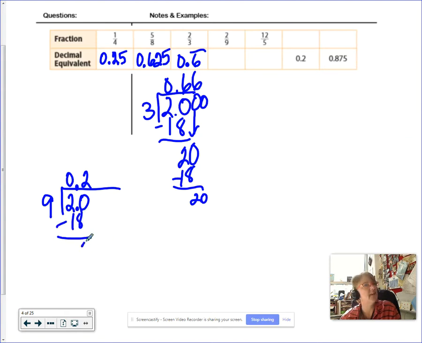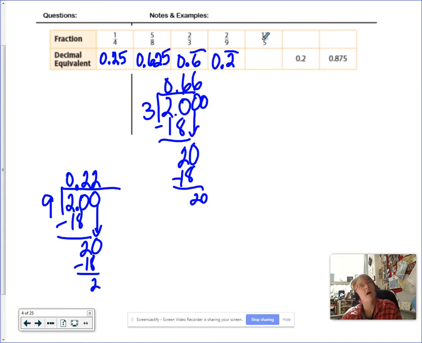Subtract. I get a 2. Add a 0. 9 can go into 20. Wait a minute here. Oh, do you see what's going to happen? This thing also repeats, a little differently. I'm not getting 6s. I'm getting 2s each time. Write this as 0.2 with a repeating bar.